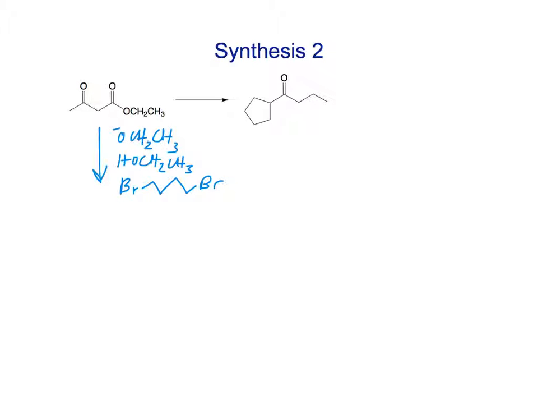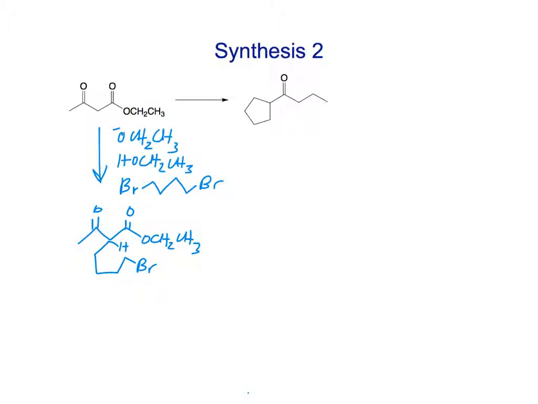Okay, so let's just draw the products in 2 steps. We did this on Monday, right? After the first alkylation, oops, we get 1, 2, 3, 4. We get an intermediate like this.